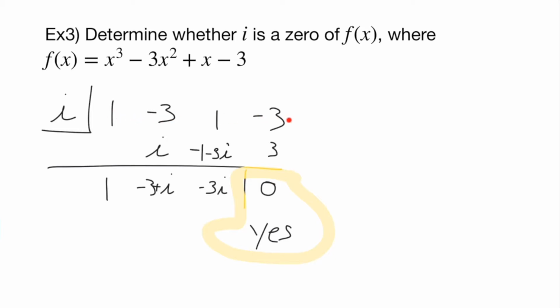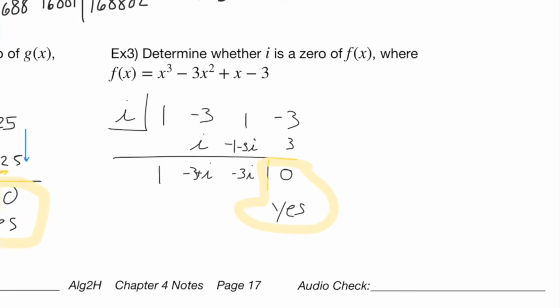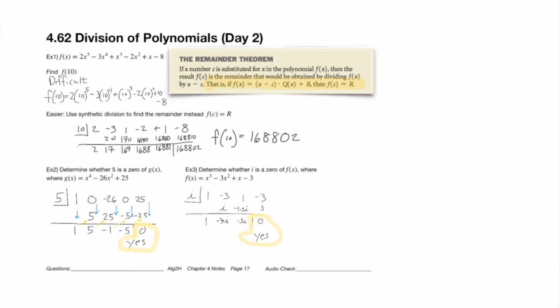You line up all the coefficients, bring down the 1, multiply by the i, add, multiply by the i, negative 3 plus i times i would give you negative 1 minus 3i, add, multiply by the i, add. So yes, i is a 0 of f of x. The process works for complex numbers also.